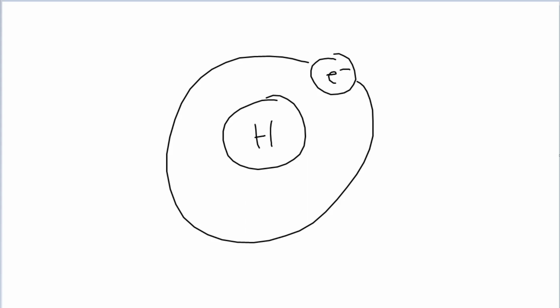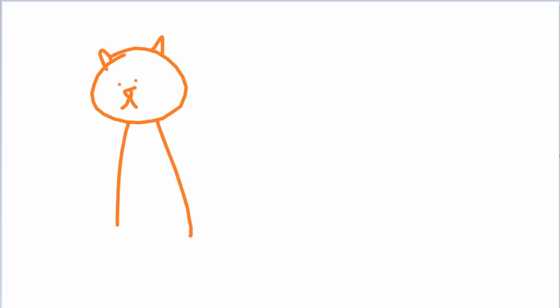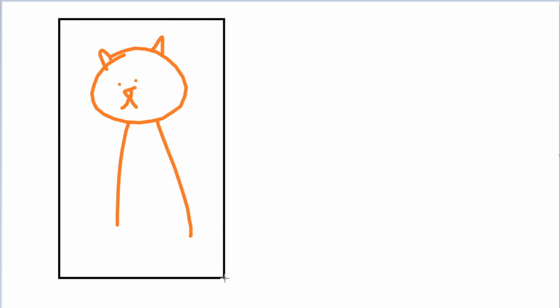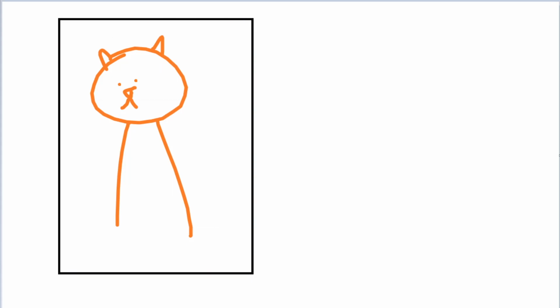And so to illustrate that, Schrödinger, a rather well-known physicist, for his thought experiment came up with what was known as Schrödinger's cat. Now, Schrödinger's cat involves this lovely little cat here, right? And this cat is put in a box, and this box is closed off from the outside world.